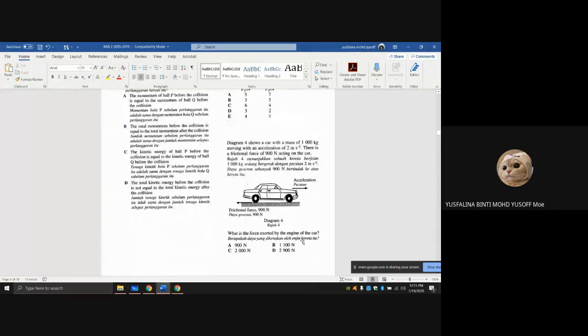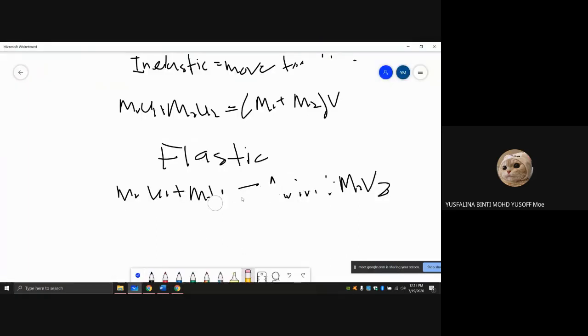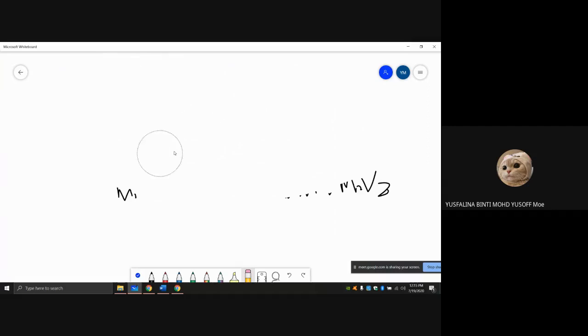Okay, diagram 4 shows a car with a mass of 1000 kg moving with an acceleration of 2 m/s². There is a frictional force of 900 Newton acting on the car. So what is the force exerted by the engine in the car? When the object wants to move, the net force must be bigger than the frictional force.